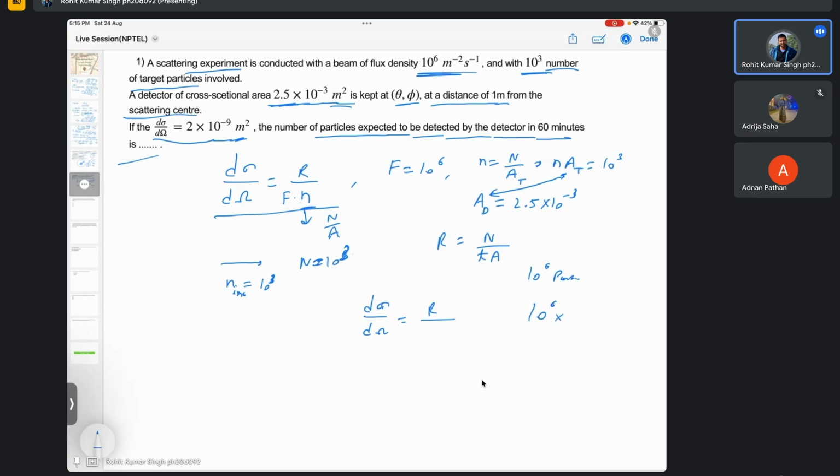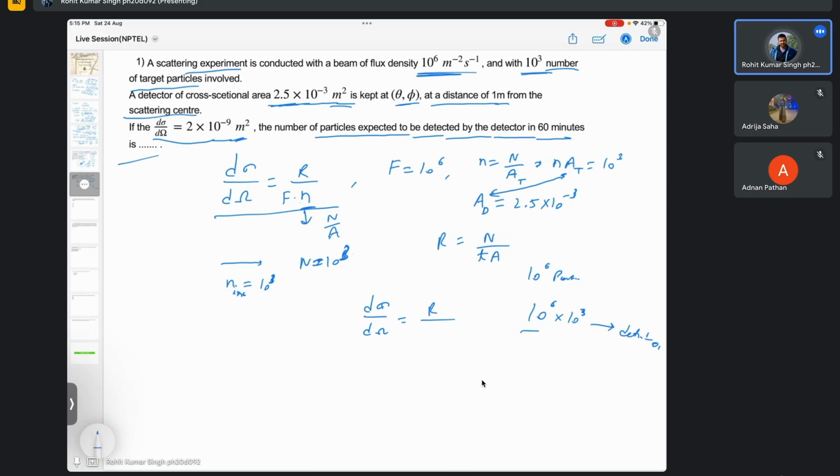If you multiply it, this much has gone to the detector to get detected. These are the number of particles that should be detected per unit area per unit time. Forget this formula.